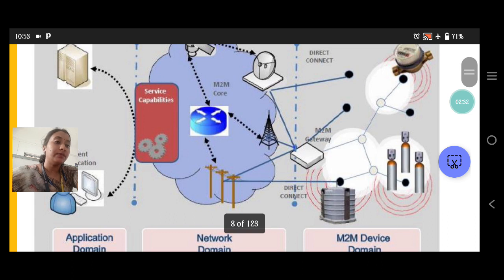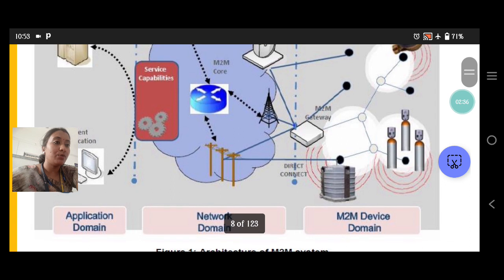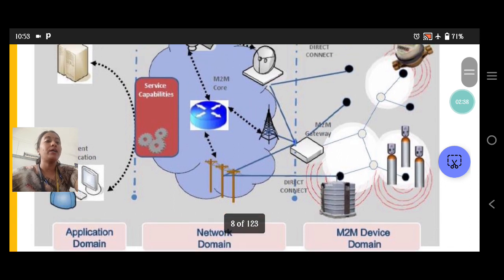And in this diagram we can see the M2M device domain. The M2M device domain has a router function, that is, the M2M gateway.